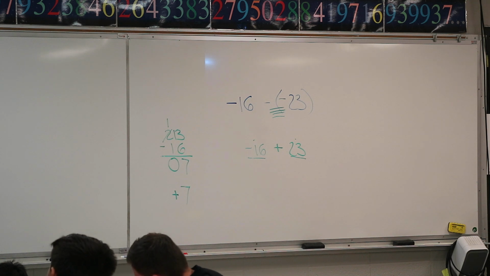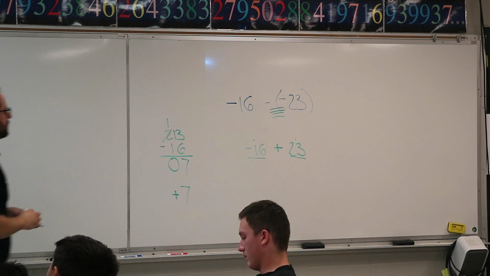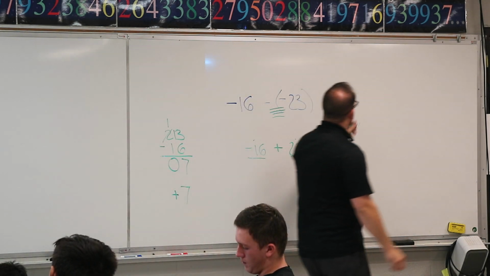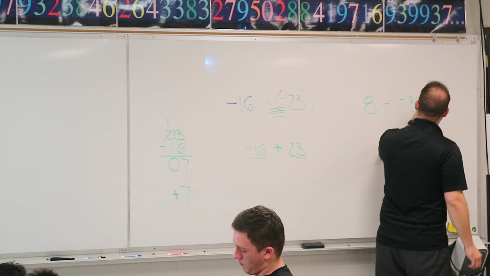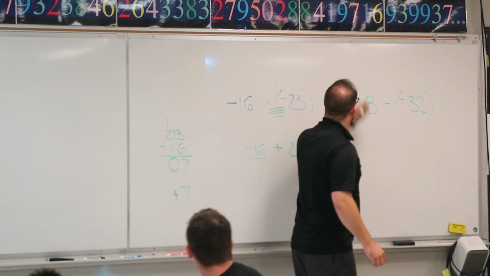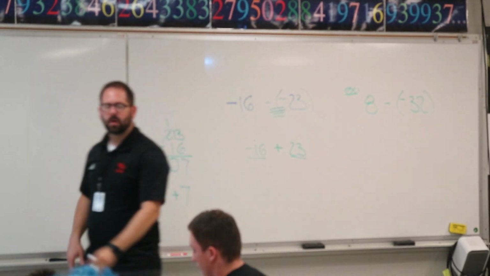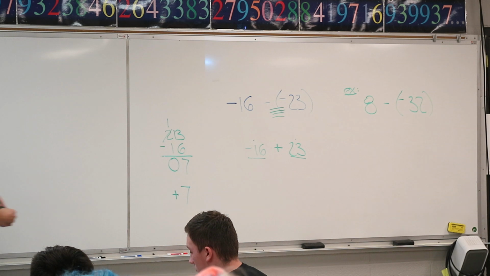Okay, the next one, what you write down, I'm going to walk around and check everyone's paper. I want to see that everyone's going to do this right. Here we go, we have 8 minus negative 32. All right, so here's your example. I want to see this on paper. I know it's simple, straightforward. I want to see what you come up with, everything that you're doing. I'm going to leave my example on the board.